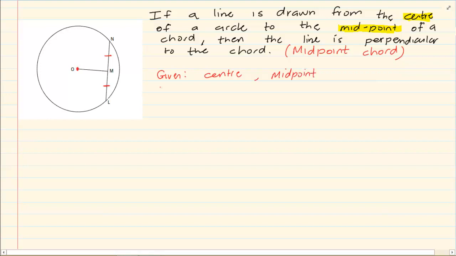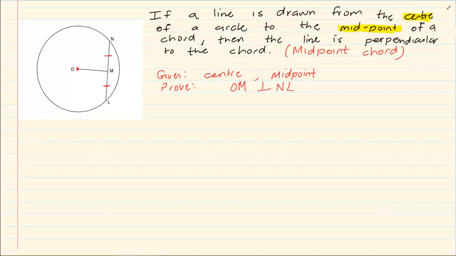What do we want to prove? We want to prove that OM is perpendicular to NL.